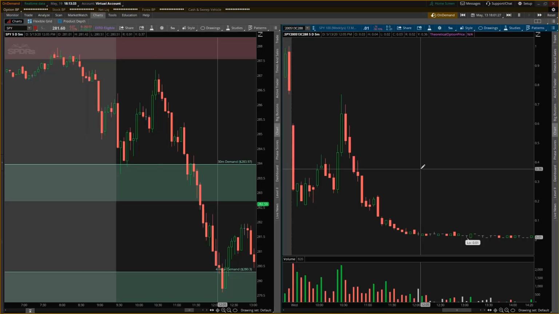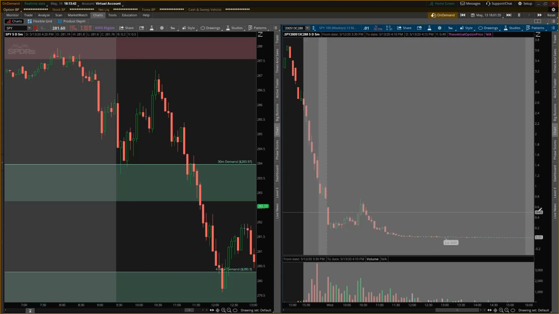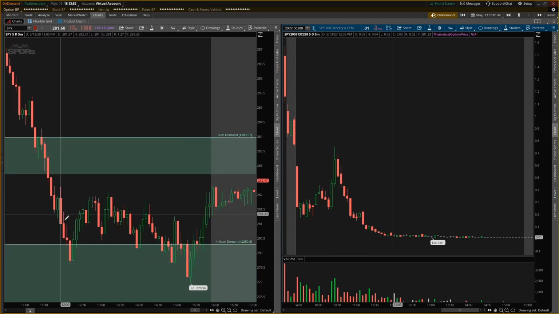If I show you this on the right side, that's the 288 for the current day's expiration. It is basically a chart showing that as time goes on, if the stock is not moving up or is moving sideways, these premiums are going to go to zero. As you can see here, the stock moved up, the stock was kind of sideways, but the premiums were basically at zero.